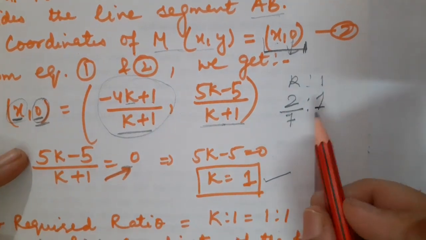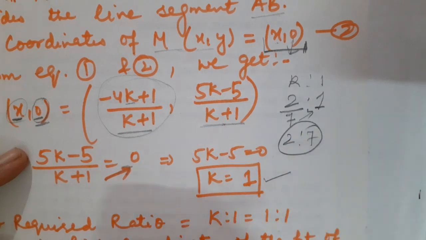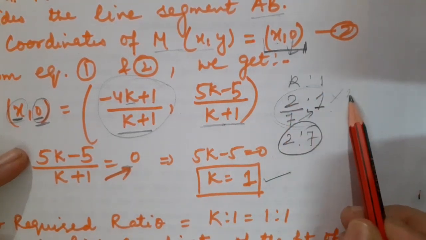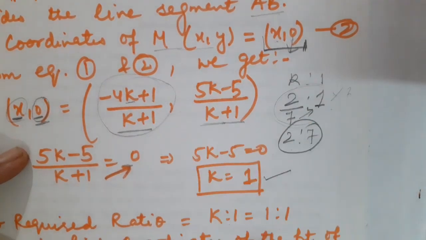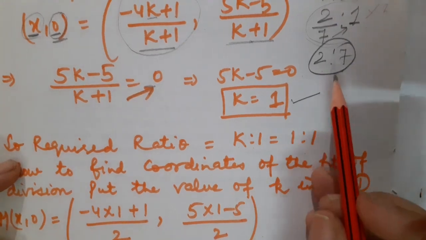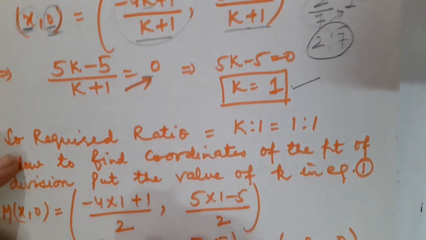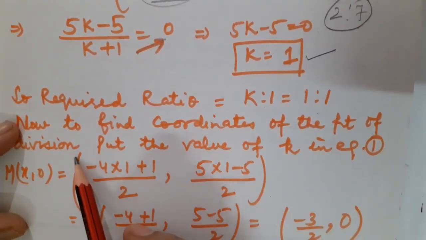You are just going to cross multiply, and you will be getting 2 ratio 7 in this case. Or you can multiply this complete ratio by 7 also. Here again you will be getting 2, here you will be getting 7. So this was the case when you are going to get the value of k in the form of fractions. Fine.